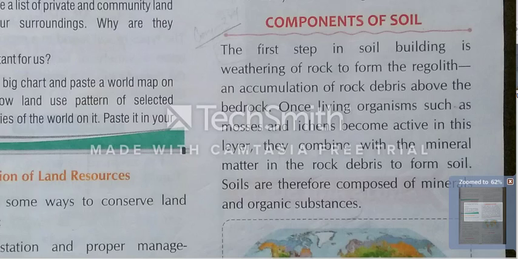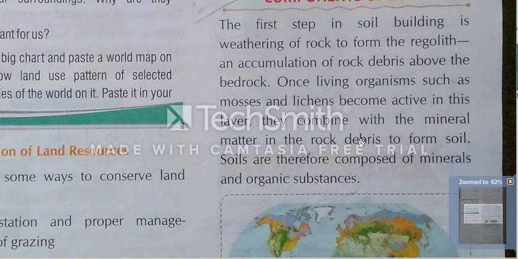And another word is lichen. Lichen is also a part of mosses. When they become active, when they start working, they combine with the mineral matter in the rock debris to form soil. They combine means they mix up with the rock debris, that rock garbage, and start forming soil.